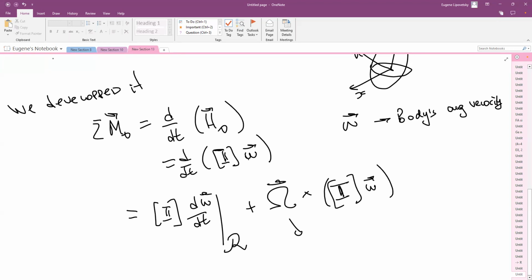Here omega is the body's angular velocity, and capital Omega is the angular velocity of the reference frame.